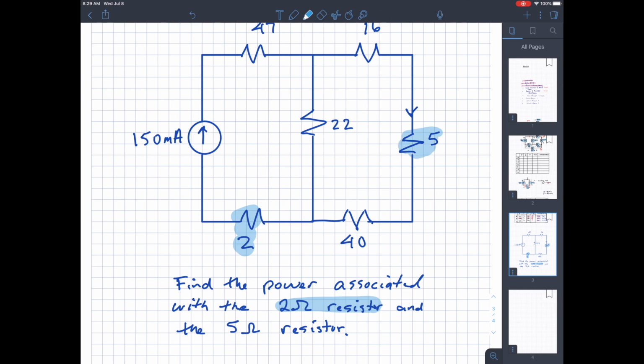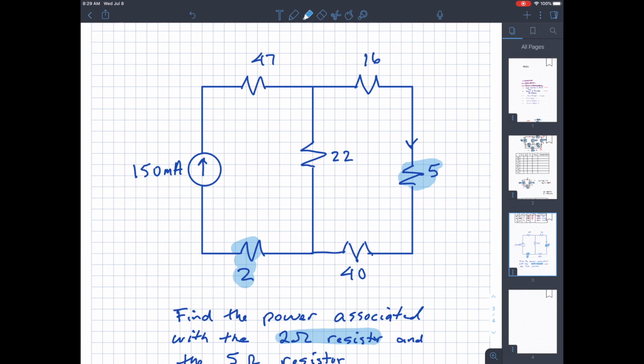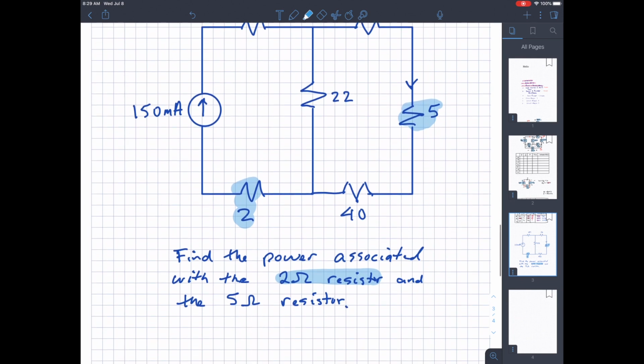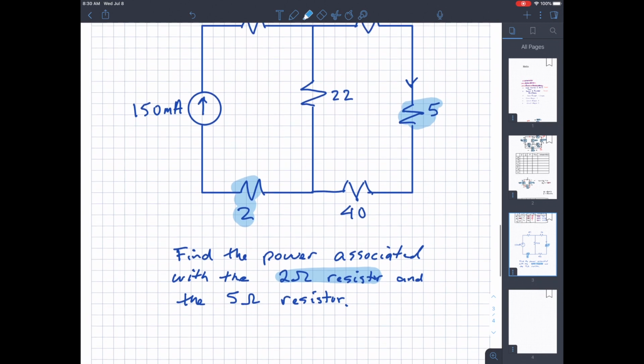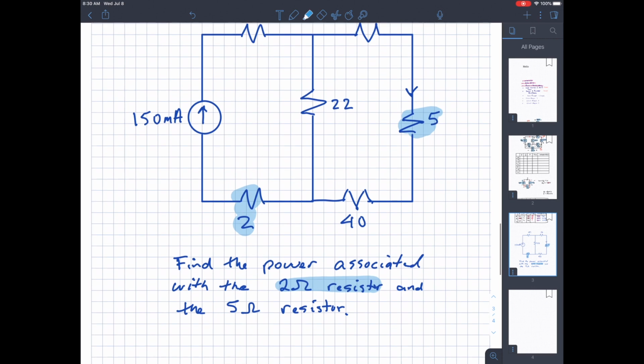Okay, so I'm looking at this, and if this were an exam problem, how I would think of it is, if I want to know the power associated with the 2 ohm resistor, if I know either the voltage across it or the current through it, from Ohm's law I can get the other.